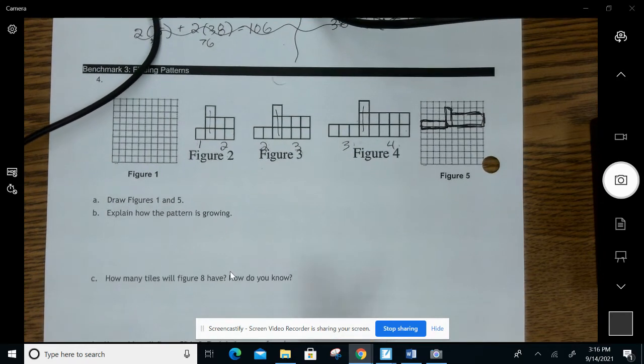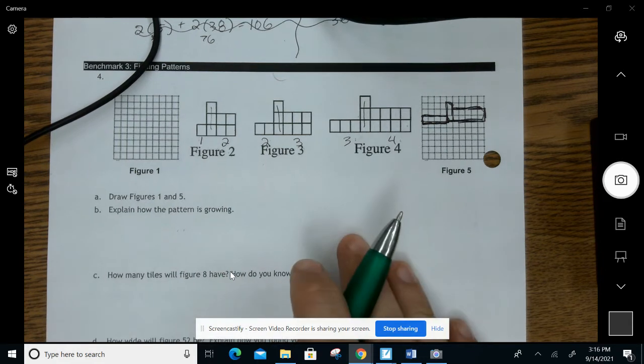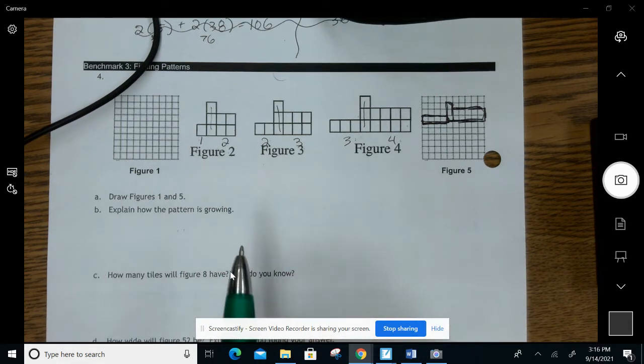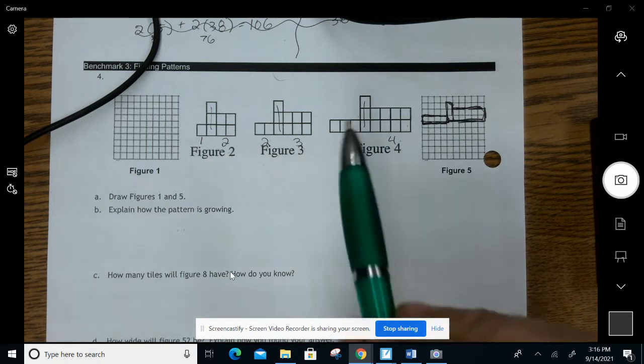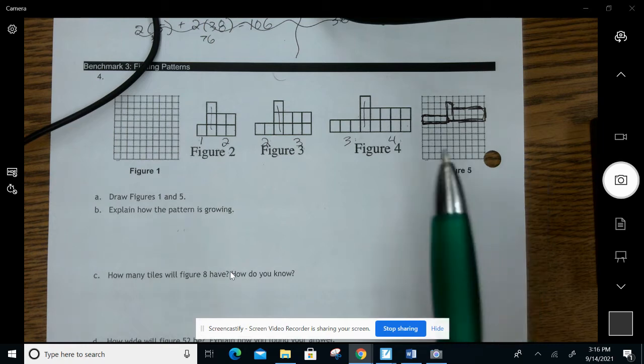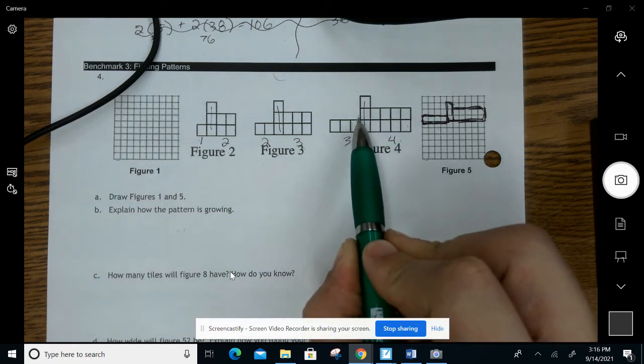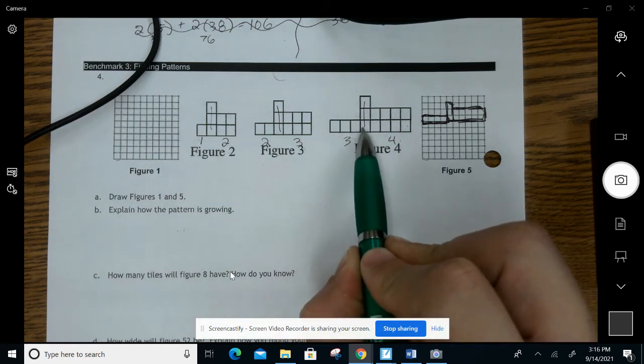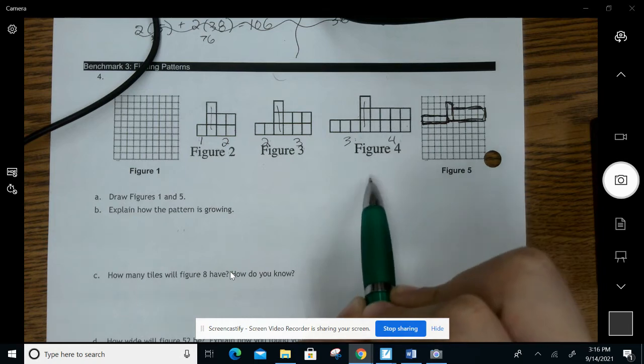So use that. Now, when you go to explain, I'm not going to write this for you, but explain, that's what you need to do. You need to say, okay, there's a stack of 3 that's always in the middle. And then there's always a couple on each side, and it depends on the figure number, right?